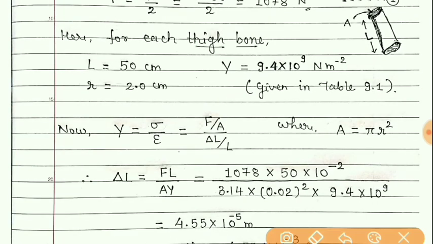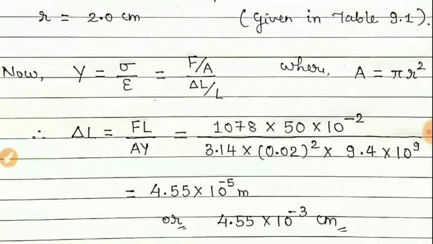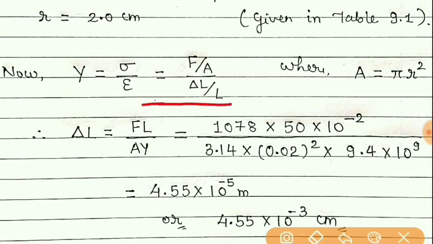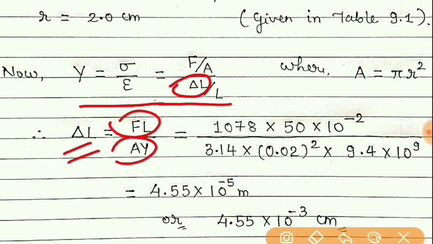Now starting with the Young's modulus, we know that Y is equal to stress upon strain. Stress is force per unit area and strain is change in length upon original length. Here the area is pi r square. So in this equation, making delta L the subject, we will get FL upon AY.